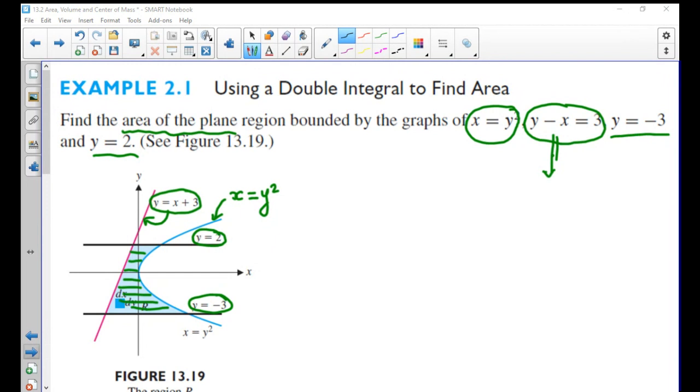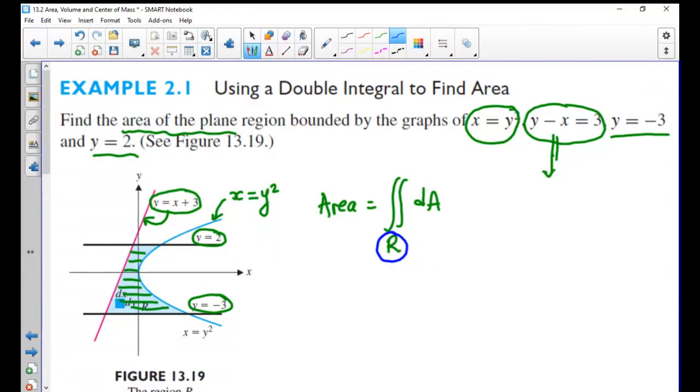First I will say the area is the double integral over R of dA. That's the rule. Now I want to integrate over this region R. Look at the region R. Is it from a function down to a function up, or is it from left to right?